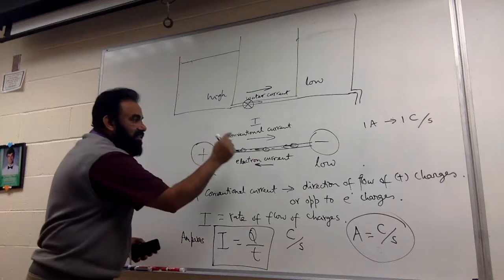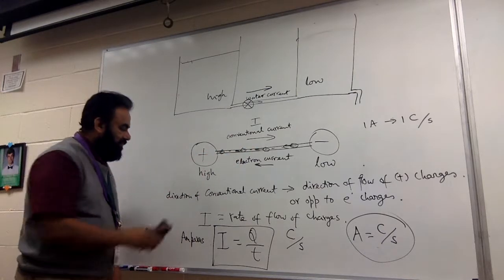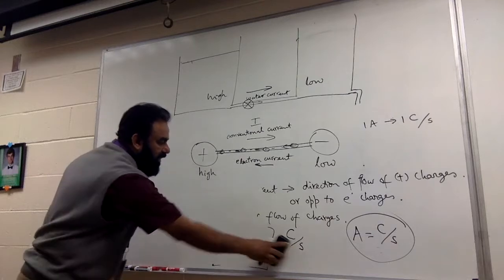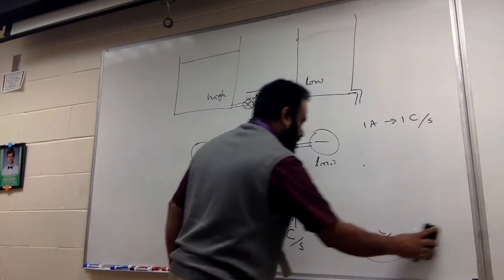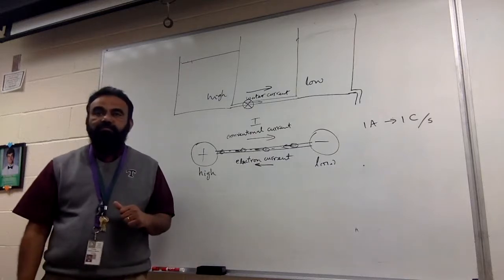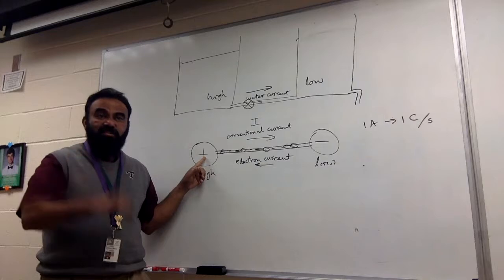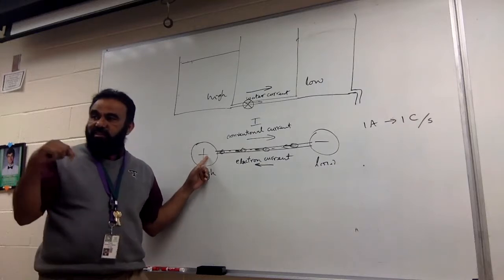Now, is this conventional current flow constant? Is it going to stay constant? No. As soon as electrons come here, this becomes less positive, that means less deficient.